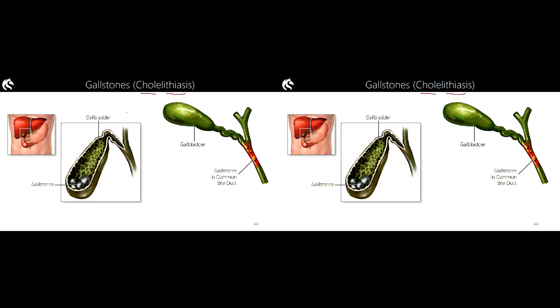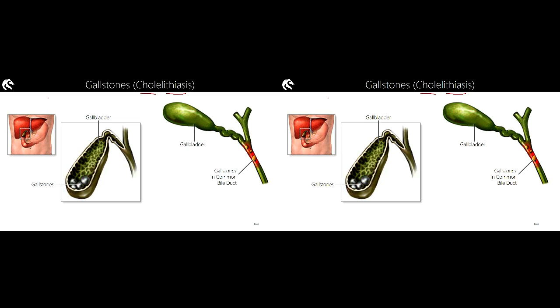Cholelithiasis is the presence of bile stones in the gallbladder. We're going to be talking about pathology in a touch more detail soon, which is what happens when gallstones leave the gallbladder and travel out. We'll come to that in a little second.